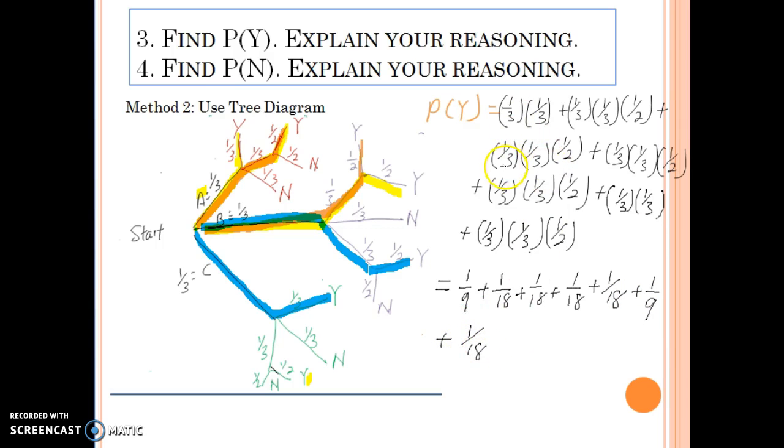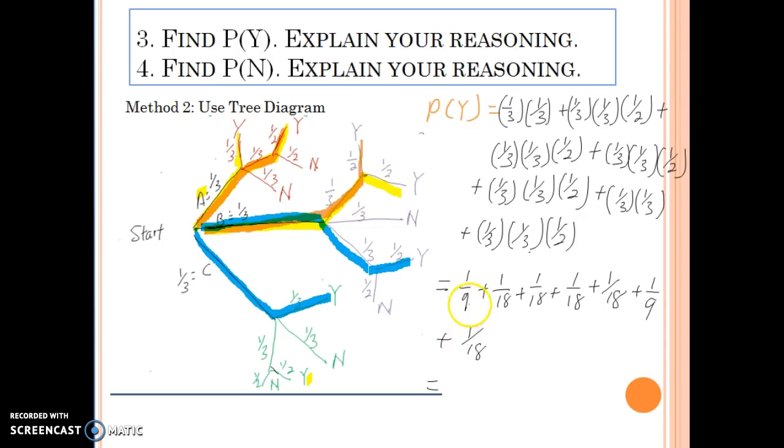Make sure you know how to multiply fractions. You multiply the numerators and you multiply all the denominators. When you add, you want to make sure all the denominators are equal.